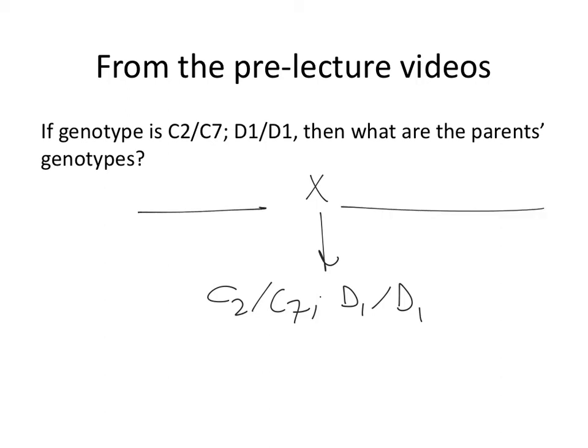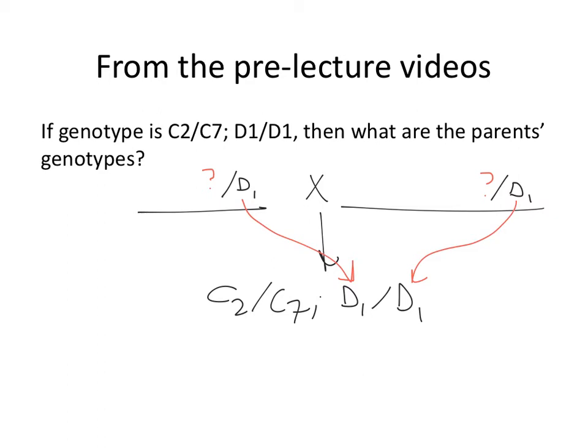Well, they each have to have a D1, because each parent has to have an allele 1 of gene D to contribute to a kid if the kid's genotype is going to be D1 over D1. Do we know anything about what's on the left side of the slash? Not yet. We just know that each parent has one version of D1.